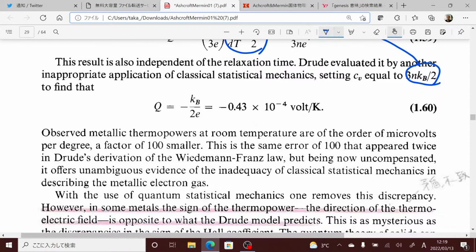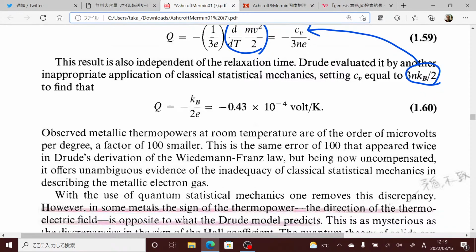So I think this is 43, this is more like 43 microvolts per Kelvin.